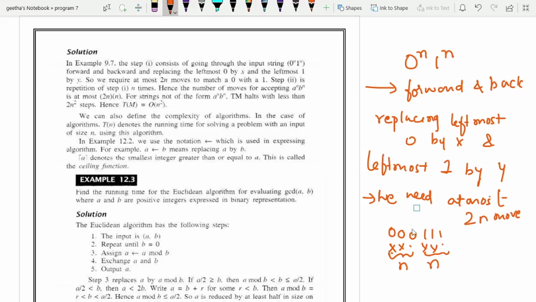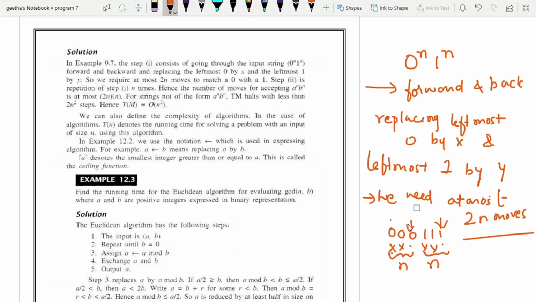Another n moves. So at the max, it is going to take 2n moves. Not in all cases, but at the max, in finding the leftmost 0 and the leftmost 1, it is going to take 2n moves, so that it can match 0 with 1.